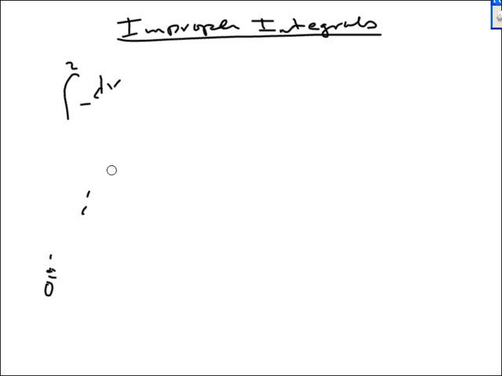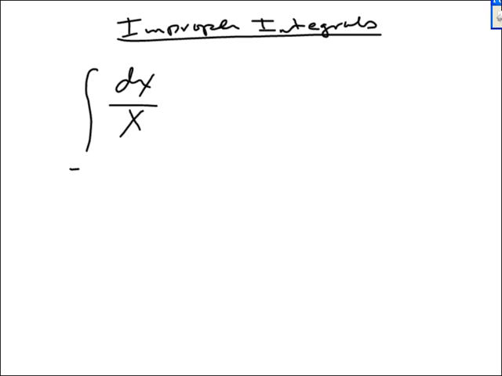Okay, so we will do a similar problem that illustrates what I want. Instead of having square root of x on the bottom, we'll just put x. We want to integrate dx over x from negative 2, say, to 3.